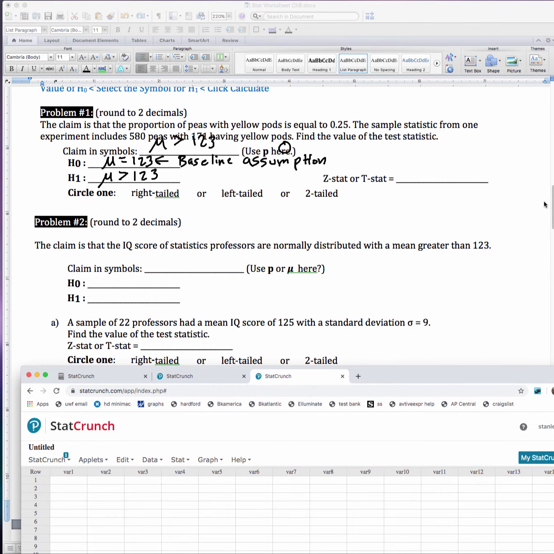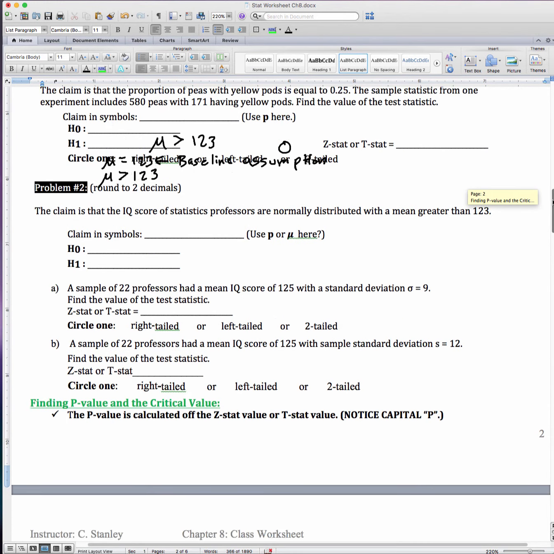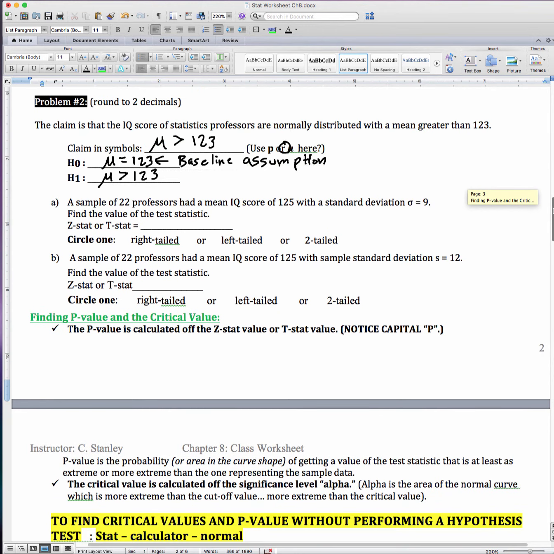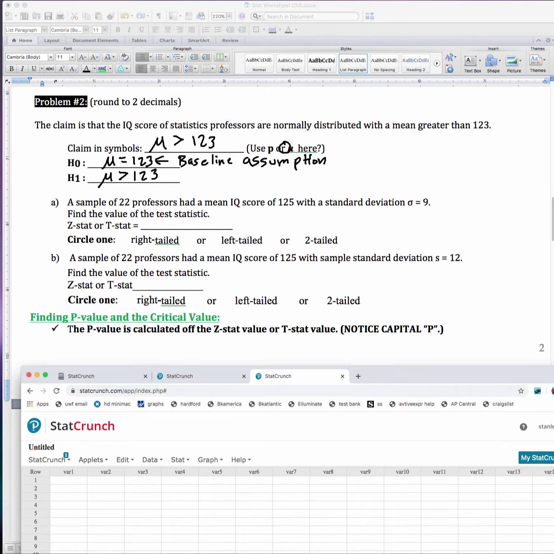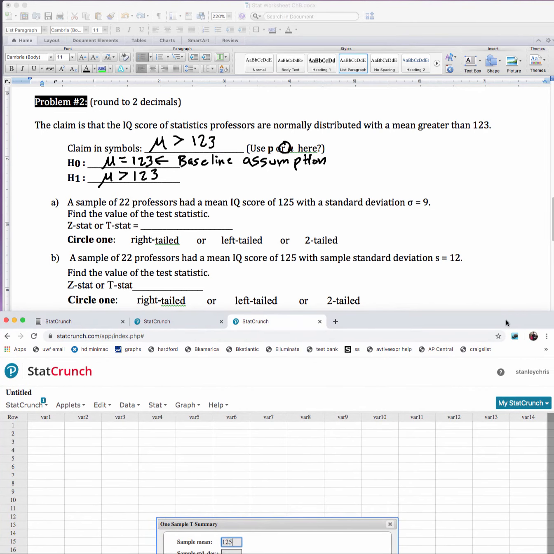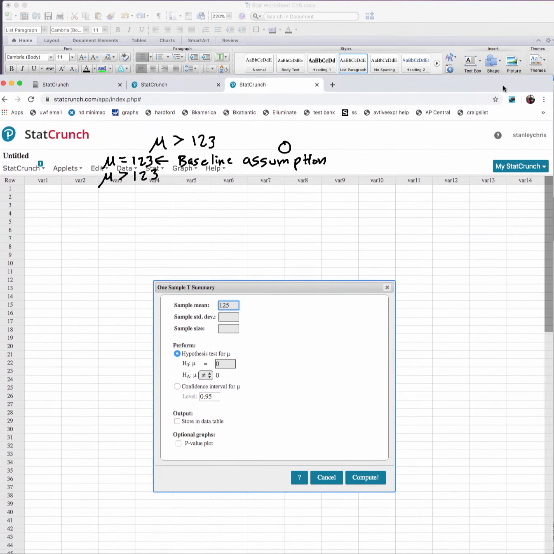Oh, I'm on the wrong one here. That's why it wasn't lining up. That's better. Okay, 125, standard deviation of 12. Notice how it says sample standard deviation. It even tells you there. 22. Now this thing needs to match your null.